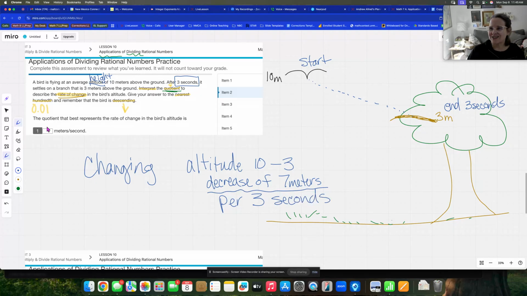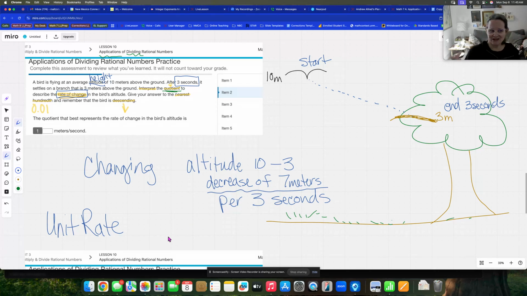Now, if you put that in, you're going to be wrong, okay? Because they're asking for the rate of change, and what they actually want here is the unit rate. If you go 10 miles in 30 minutes, you don't tell somebody I went 10 miles in 30 minutes.